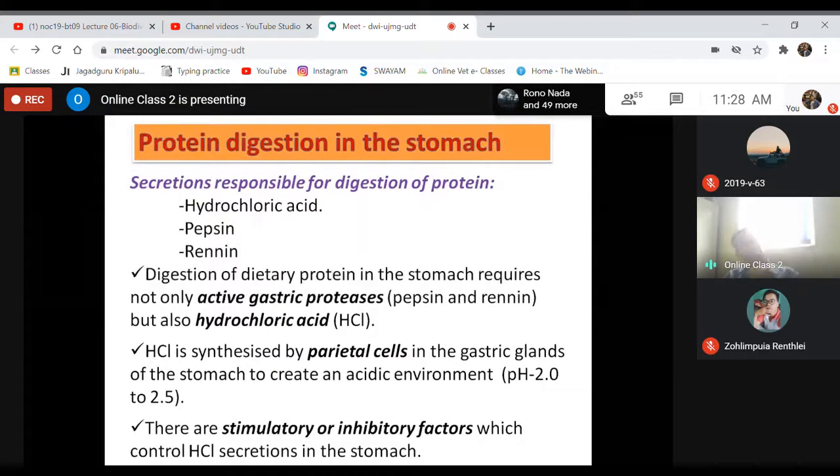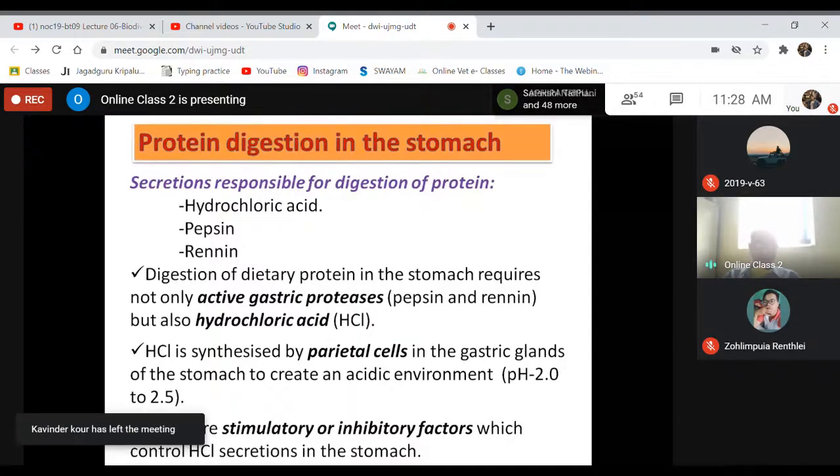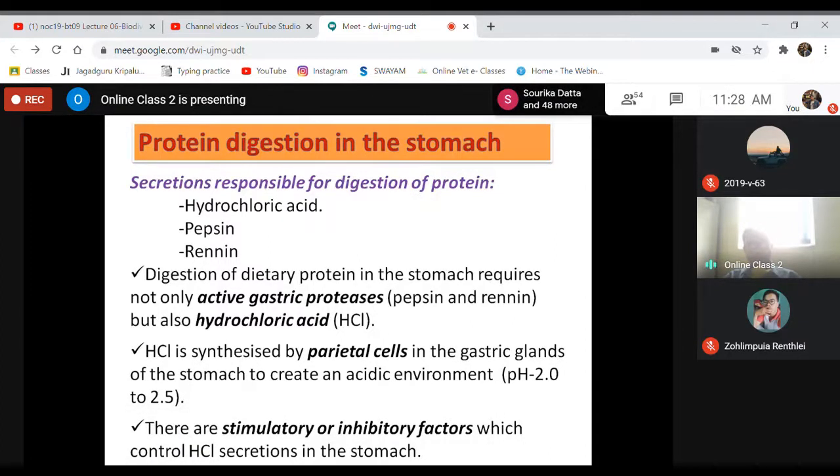Digestion of dietary protein in the stomach requires not only active gastric proteases, that means the zymogens should be in the active form, but also hydrochloric acid, because hydrochloric acid is required for activation of the gastric proteases. Hydrochloric acid is synthesized by parietal cells of the gastric gland of the stomach, and it creates an acidic environment wherein there will be activation of the gastric zymogens.